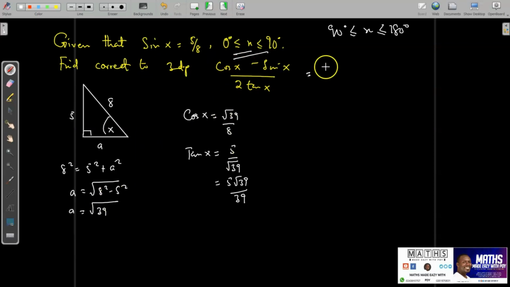So cos x was seen to be root 39 on 8, minus sine x, which is already given in the question as 5 over 8, all divided by 2 multiplying tan x, which is 5 root 39 on 8.